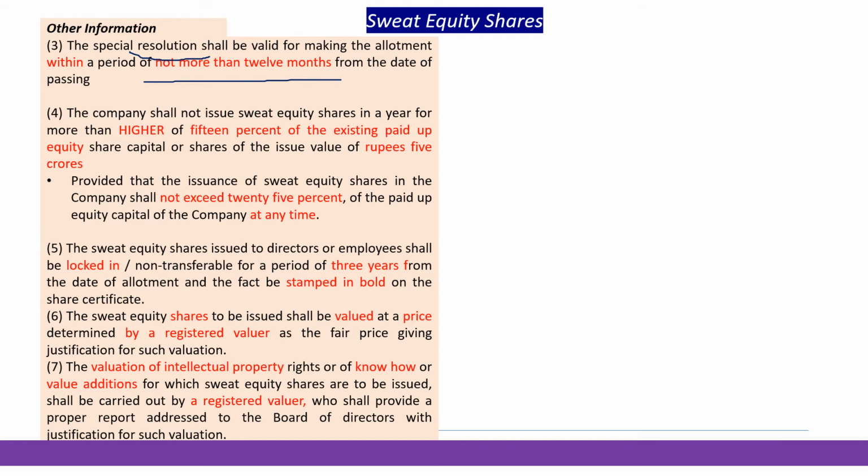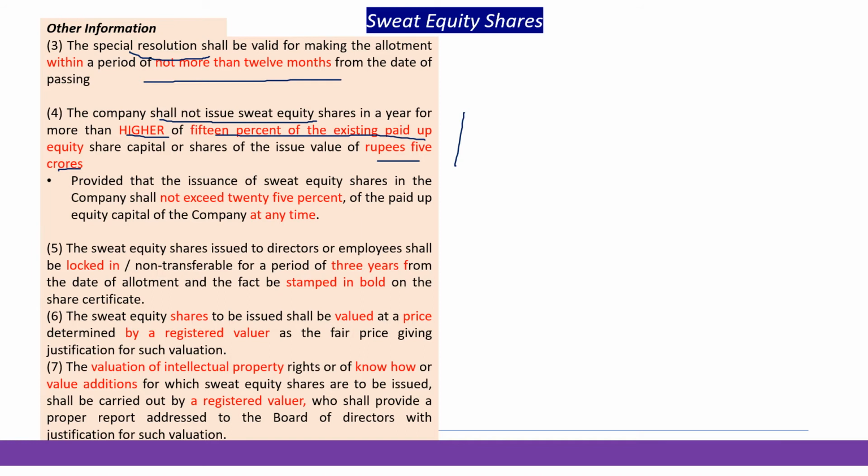It expires at the end of 12 months. And there is a restriction. A company cannot issue sweat equity shares in a year more than either rupees 5 crores or 15% of existing paid up capital, whichever is high. This is the outer limit for that.